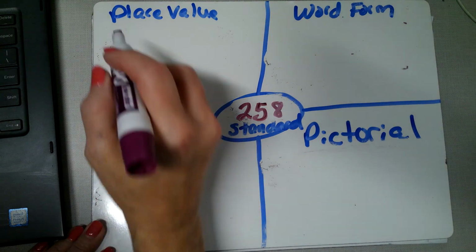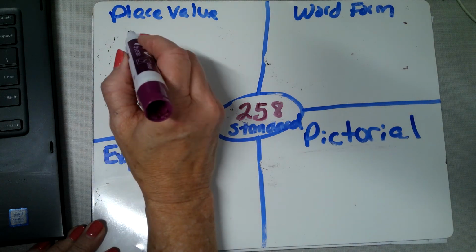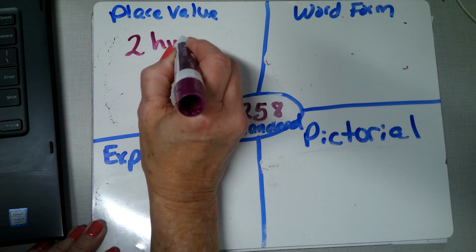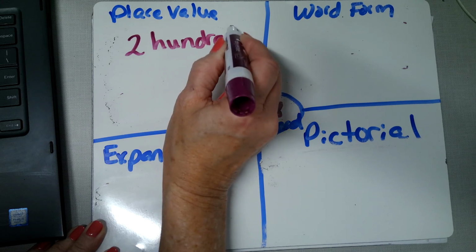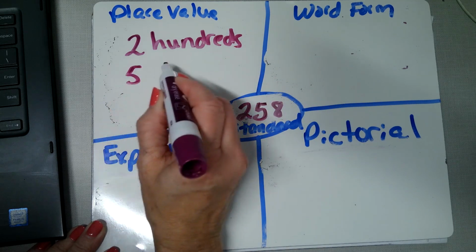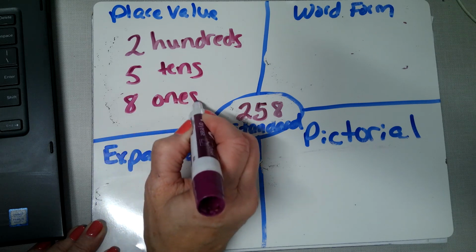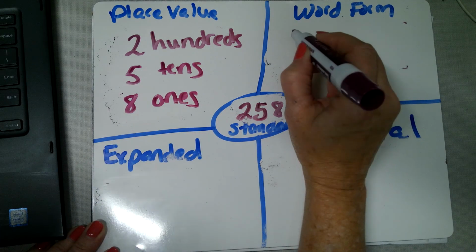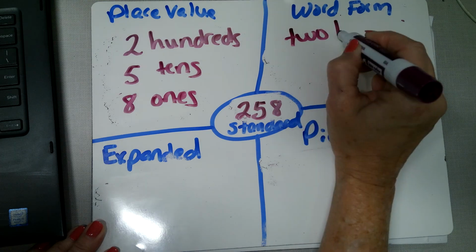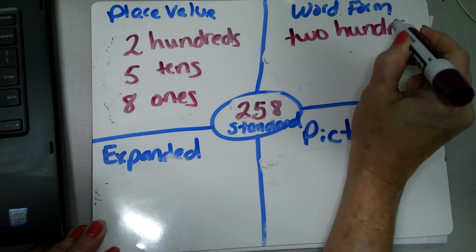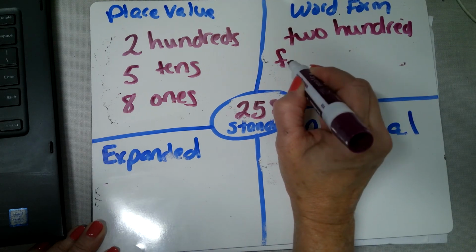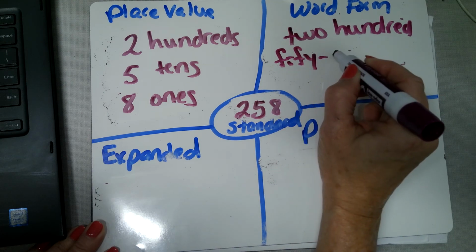All right, let's see how you did. In place value, let's see, I have 2 hundreds. I have 5 tens, and I have 8 ones. In word form, did you have two hundred fifty-eight?